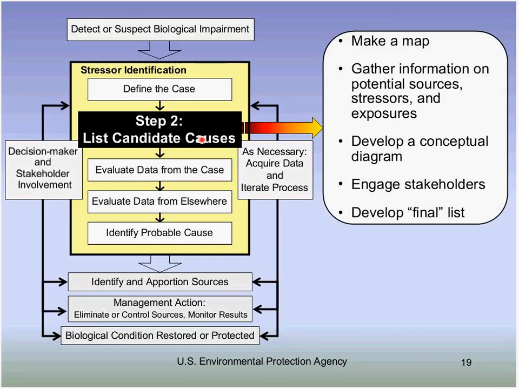The second step is, again, where you're really engaged with stakeholders, and everybody's sitting around the table or on a conference call or firing emails back and forth about what they think could have caused the impairment. I like to think about it in two ways.